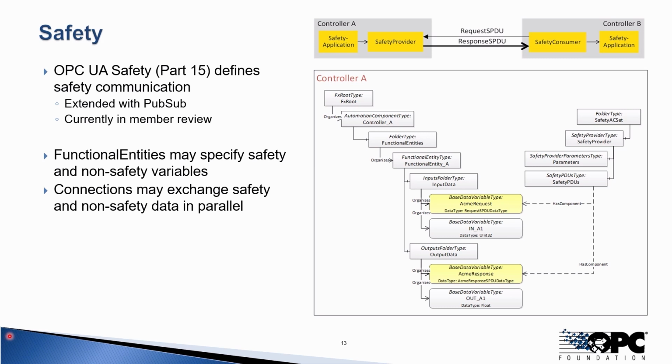Meaning, the functional entity may now specify safety and non-safety variables in parallel, and connections, which we have seen on a slide before, may exchange safety and non-safety data in parallel. We may even include multiple safety providers or consumers at one time.